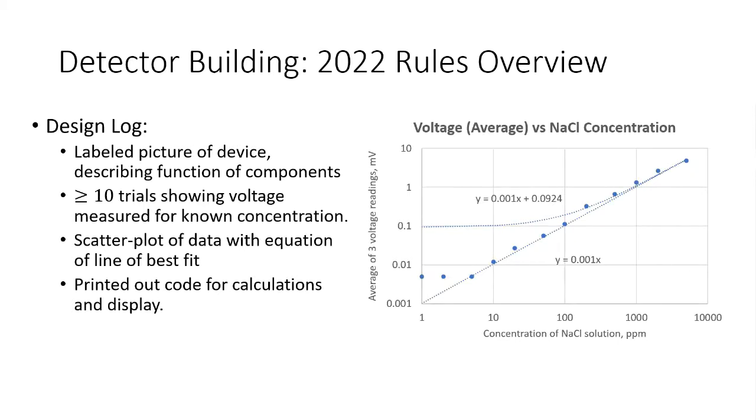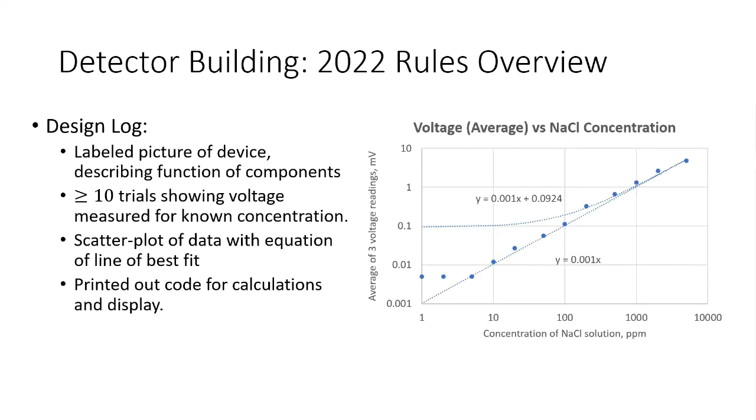So you prepare a solution with a known concentration, and then you measure the voltage across this salt water electrolyte. So it is known that water with salt conducts electricity. So if you stick 2 probes of a multimeter into that cup of water and measure the voltage between them, that's essentially the measurement that you're taking to produce a plot.